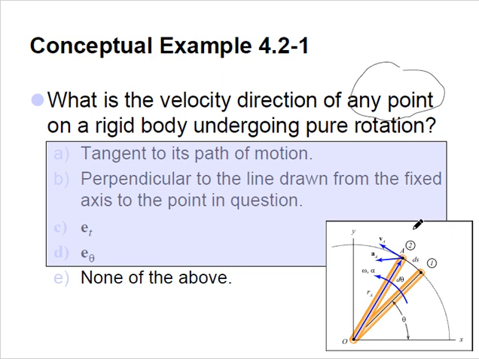Perpendicular to the line drawn from the fixed axis to the point in question. And then of course it also gives you e_t and e_theta, and that's just angular position, and this is your time. So you know that this two is correct right away.